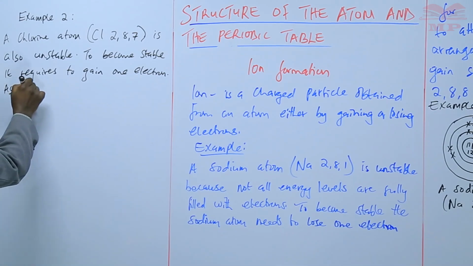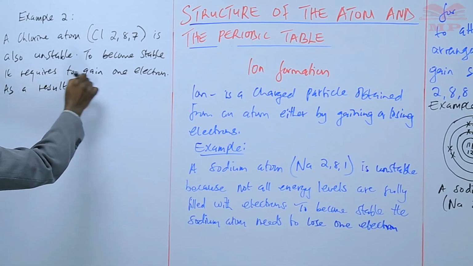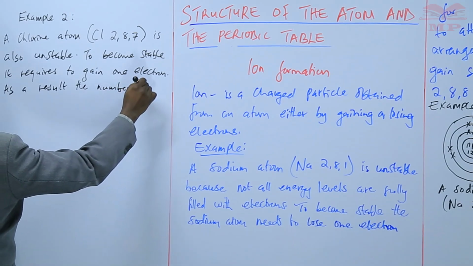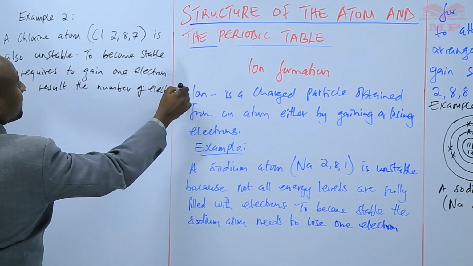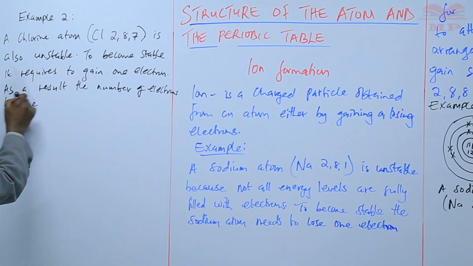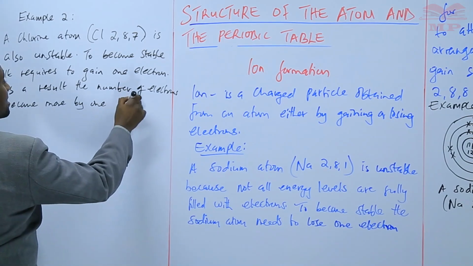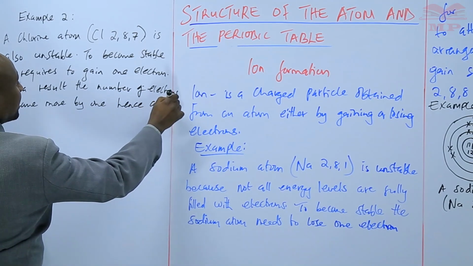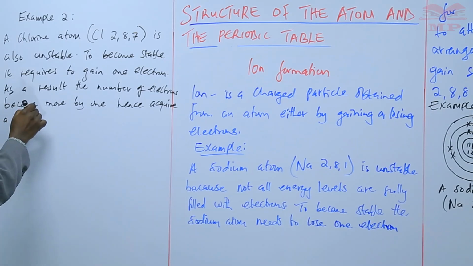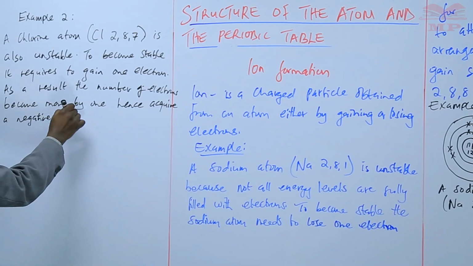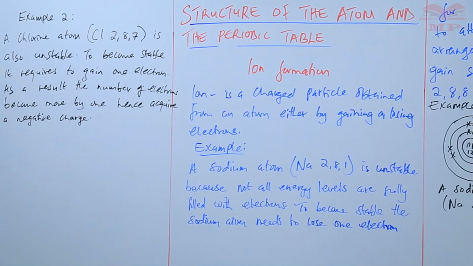And as a result, the number of electrons become more by 1, hence it acquires a negative charge. So we'll have a chlorine atom, 17 protons and 18 neutrons.